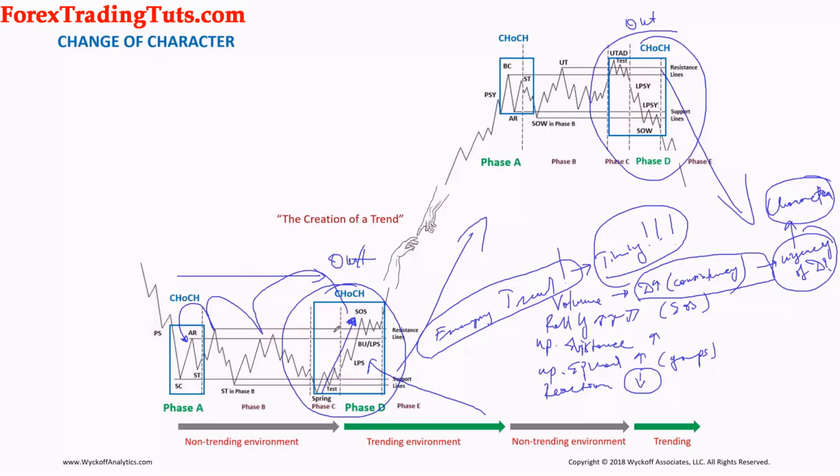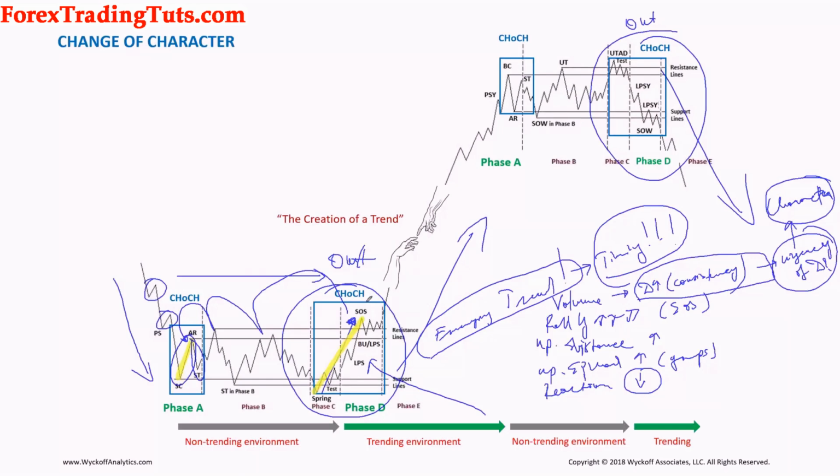But coming back to the change of character, the concept is going to be the same as the change of character in phase A. We want to see a rally that is better than what preceded it. In the case of the phase A change of character, where we had the downtrend, we want to see a rally that was a better rally in the downtrend. And then we want a secondary test to confirm that there is no further continuation of the downtrend.